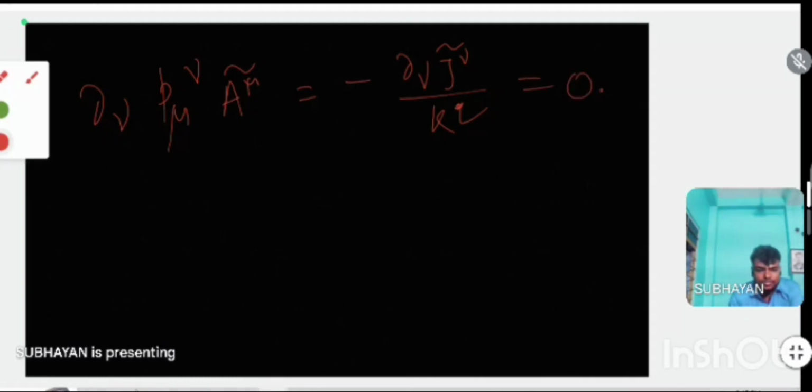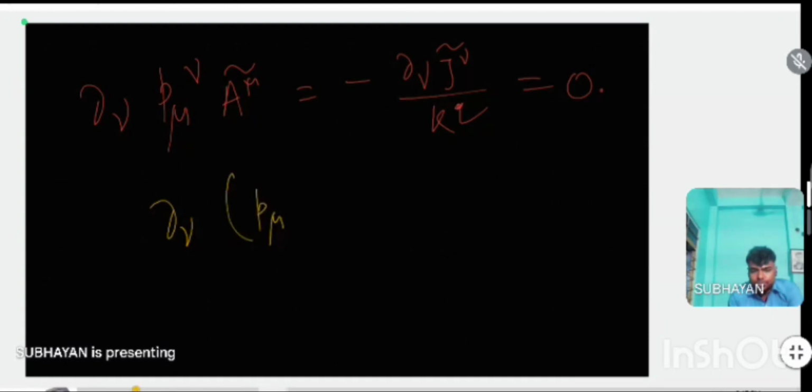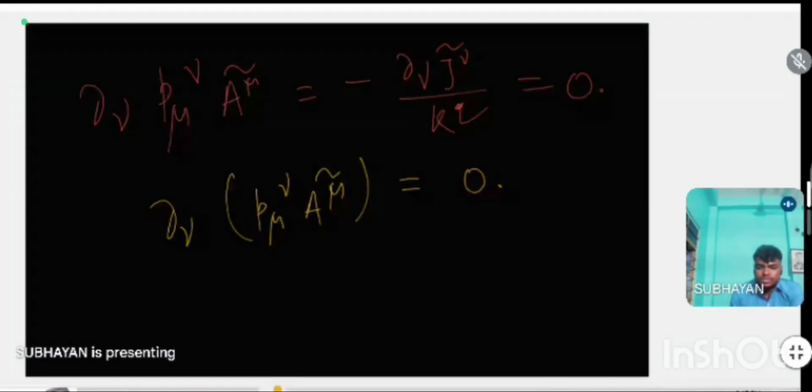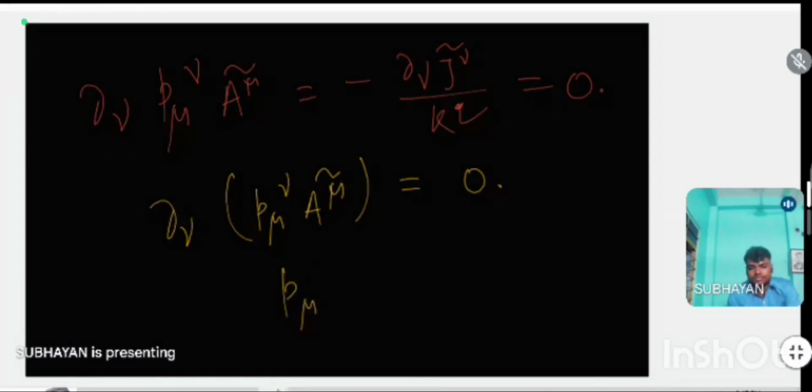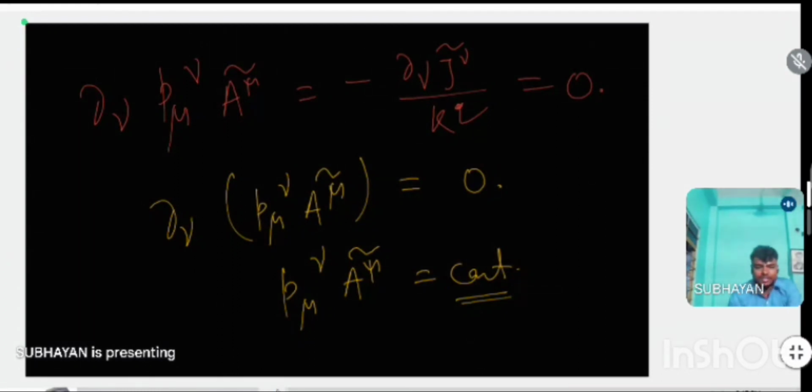So del nu of p mu nu a mu tilde is equal to 0. As the derivative of this thing is 0, you can say p mu nu of a mu tilde is constant. So a mu tilde is not unique, but the projection of a mu tilde is unique.